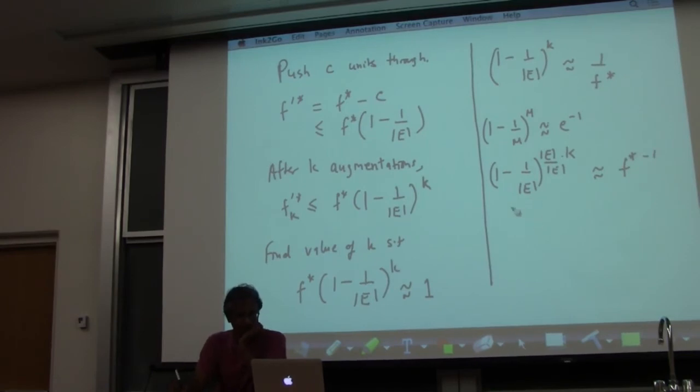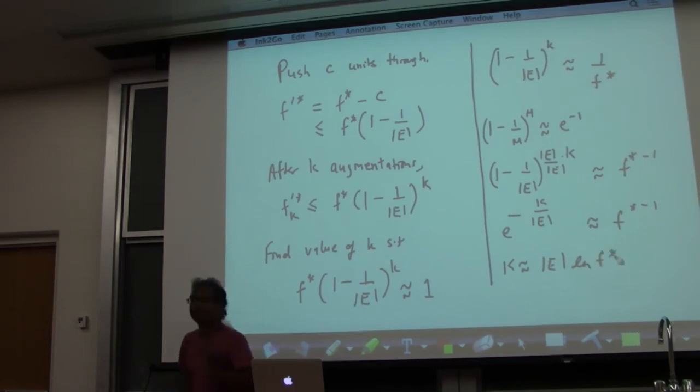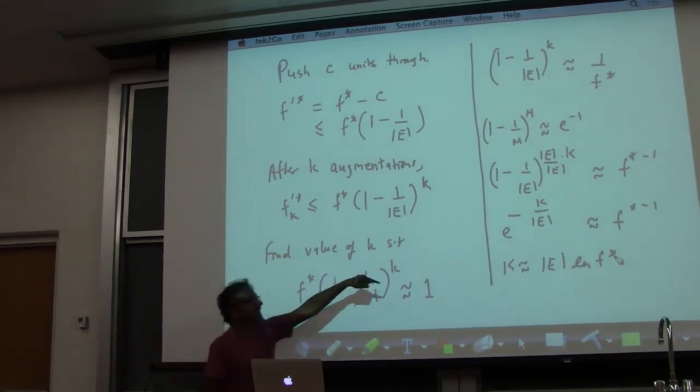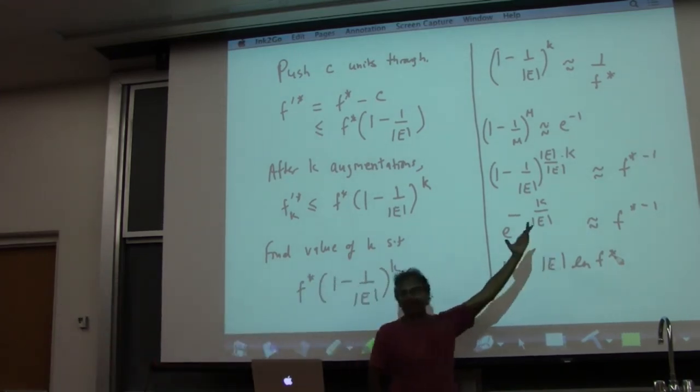But another way of writing this is basically as e to the minus k over e should be roughly f star to the minus 1. Okay? So then basically we now get, after solving this, that k should be roughly e log f star. Why? Because you substitute e log f star, the e cancels, you get e to the minus log f.